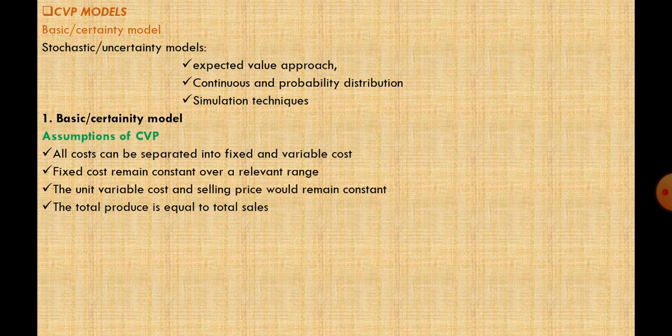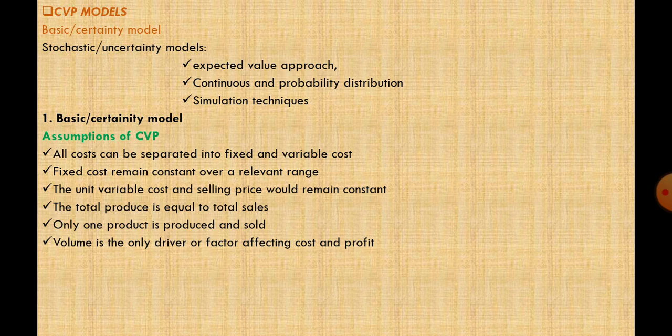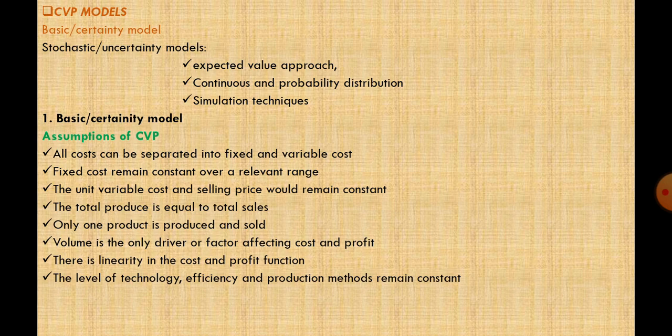The total produced is equal to total sales, and one product is produced and sold. The volume is the only driver or factor affecting the cost and profit. Then there is linearity in the cost and profit function.